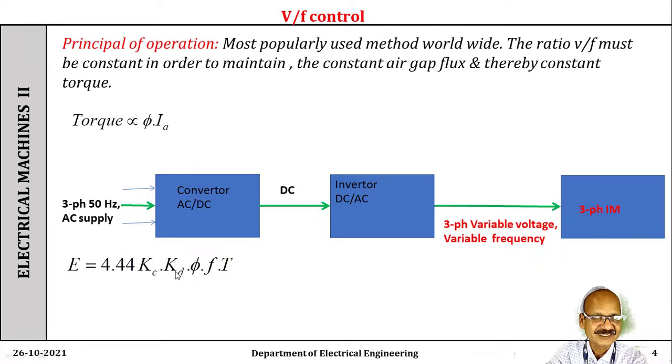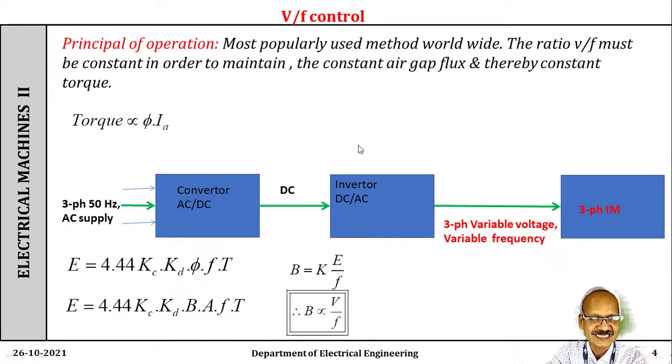Now for a particular machine, the 4.44, kc, kd and number of turns are constants, and therefore phi is proportional to E by f, which can be written as phi proportional to V by f, and B is also proportional to the flux, or you can say flux density.